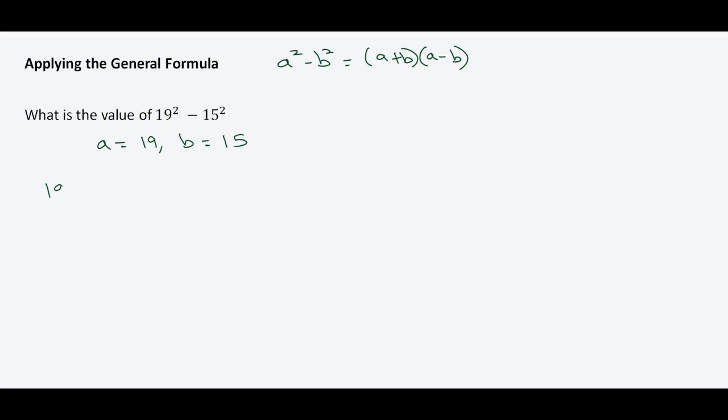So 19 squared minus 15 squared is equal to 19 plus 15 multiplied by 19 minus 15. This gives us 19 plus 15 is 34, multiplied by 19 minus 15, which is 4. So 34 multiplied by 4 is 136.